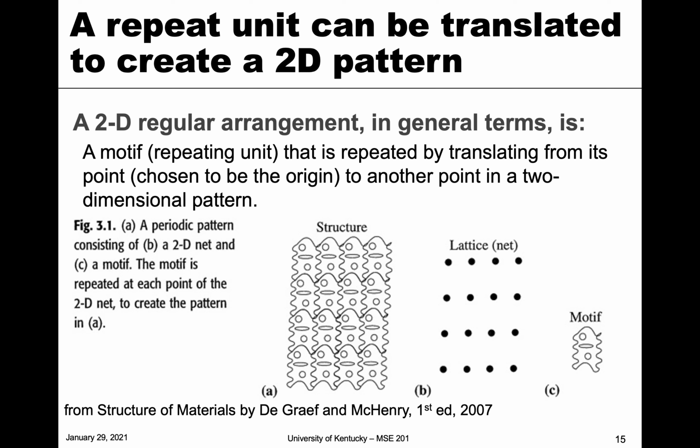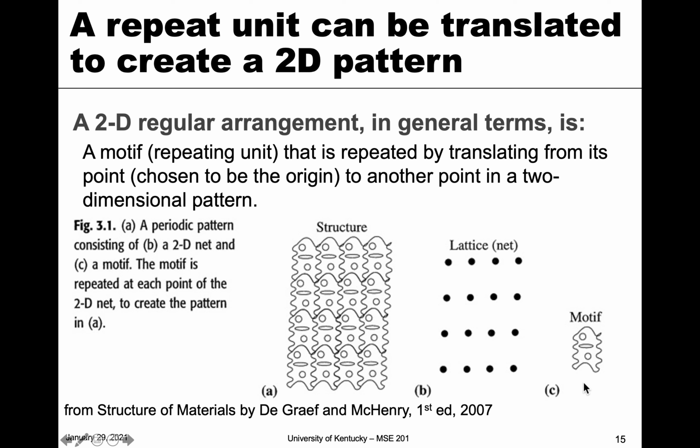This is something you might have learned in an art class, but that's basically the lowest denominator, the thing that we can repeat to make a larger pattern. So for us, if we think forward, this might be an atom, this might be a molecule, or it might be an ion. And so basically, we put that motif onto a point pattern. This is known as a lattice, what we'd call a point lattice.